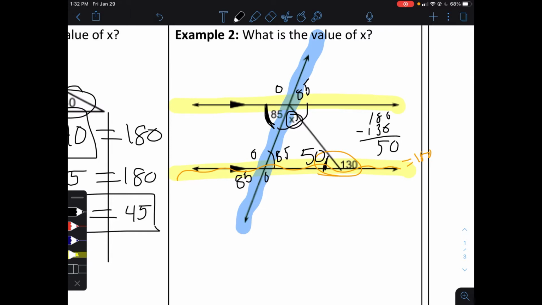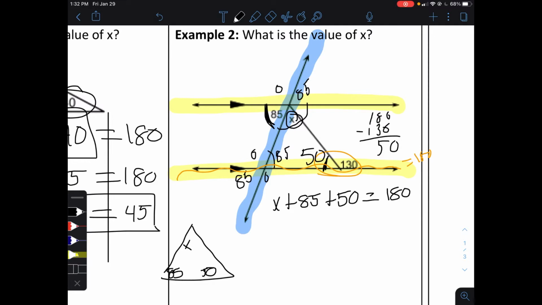Okay, so in my triangle, if I were to redraw it, it's going to look something like this. I got 85, X right here, and then 50. I'm going to do X plus 85 plus 50 is equal to 180, because that is the sum of the interior angles.